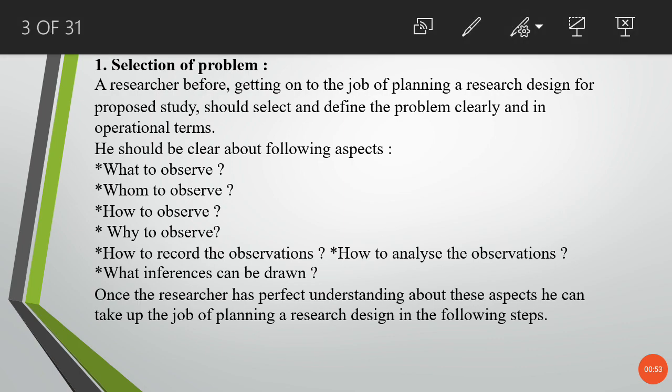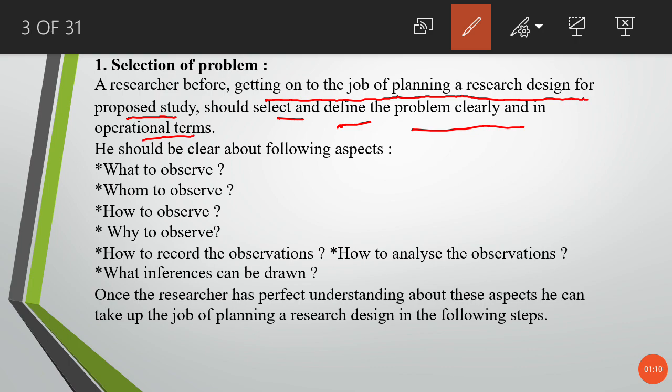1. Selection of problem. A researcher before getting on to the job of planning a research design for proposed study should select and define the problem clearly and in operational terms.